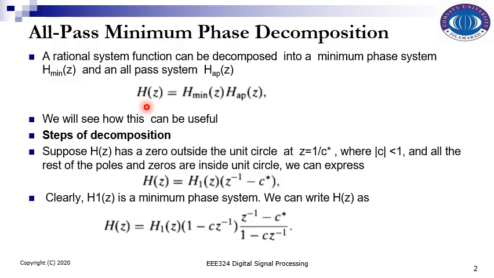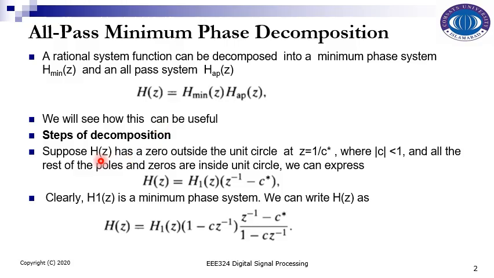So our given H(z) can be decomposed into these two systems, a minimum phase part and an all-pass system part, and they are then placed in cascade. Now, what are the steps of the decomposition? Let's try to understand the steps.